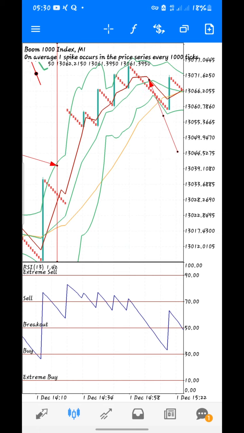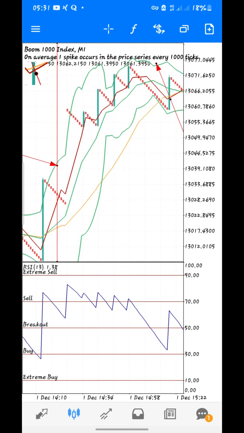Another way to know you should exit is when the red moving average has crossed the middle Bollinger band. Look at what happened here, it just crossed it. From here to here, it didn't cross the middle Bollinger band.